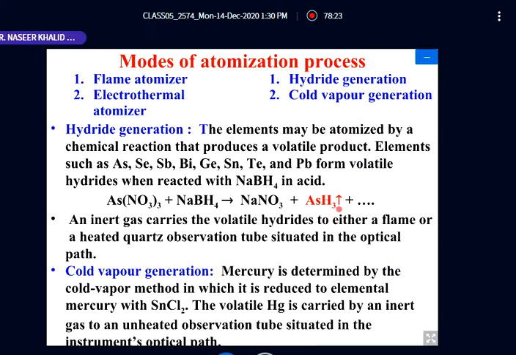So this is the analysis of arsenic. Similarly, this is a very good technique for arsenic, selenium, antimony, bismuth, germanium, tin, and tellurium.